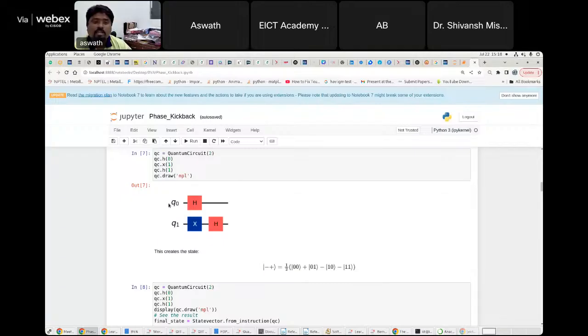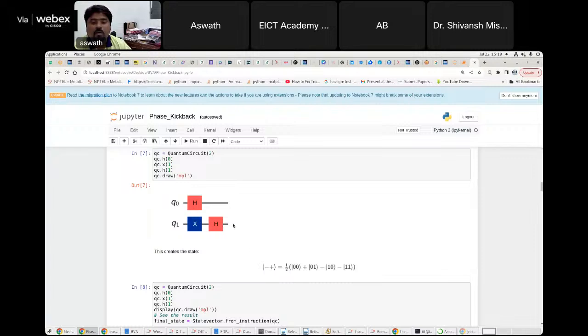Earlier I used to write Q0 first, Q1 later, left to right. Now we are writing right to left as per Qiskit. In Qiskit, Q0 is in the plus state, which is on the right. Q1 is in the minus state, which is on the left.